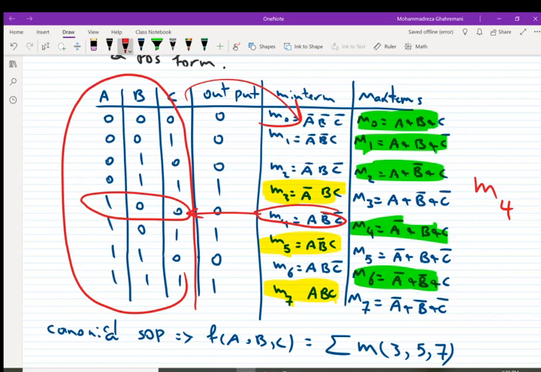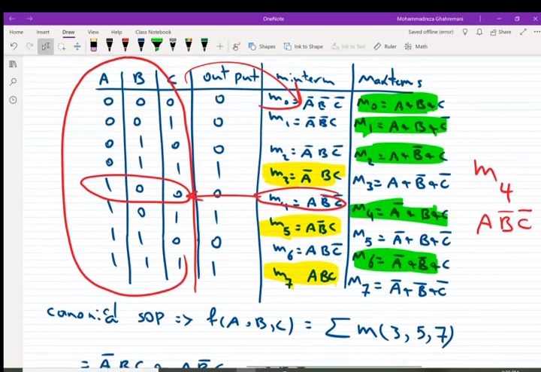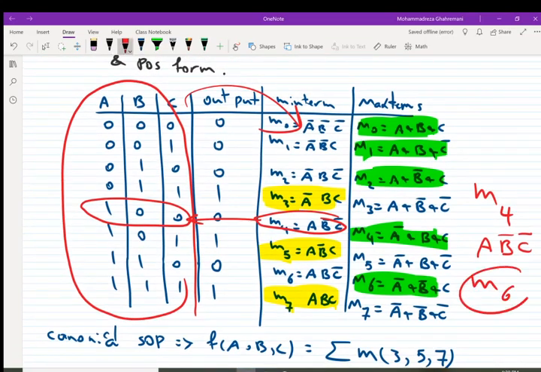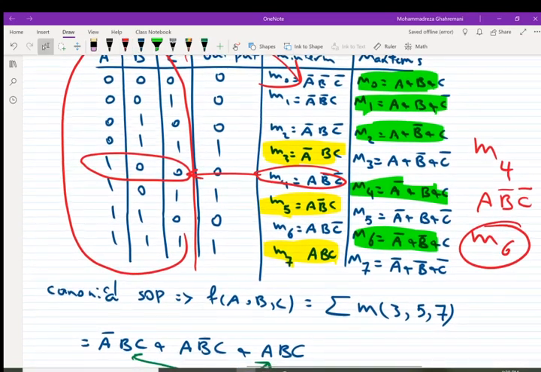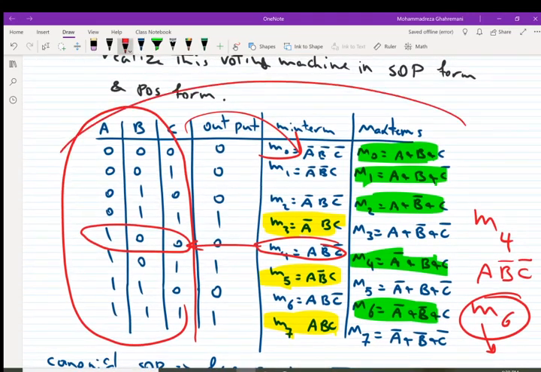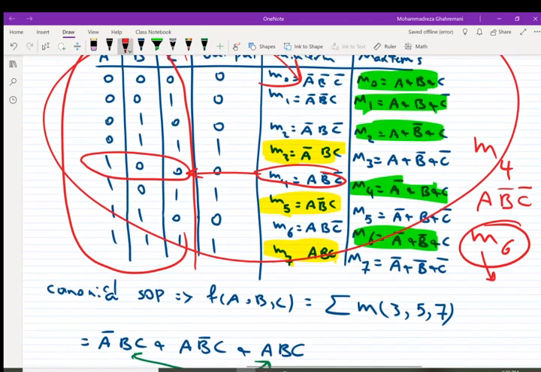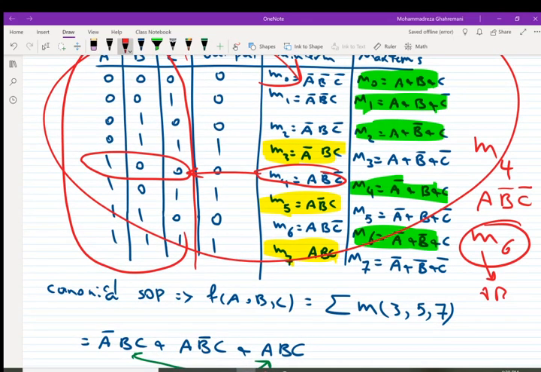So M4, we know that is a B bar C bar. So if somebody asks us what is M6, can we say directly what the variables for M6 are, or do we have to draw a table to say which variables correspond to this M6?